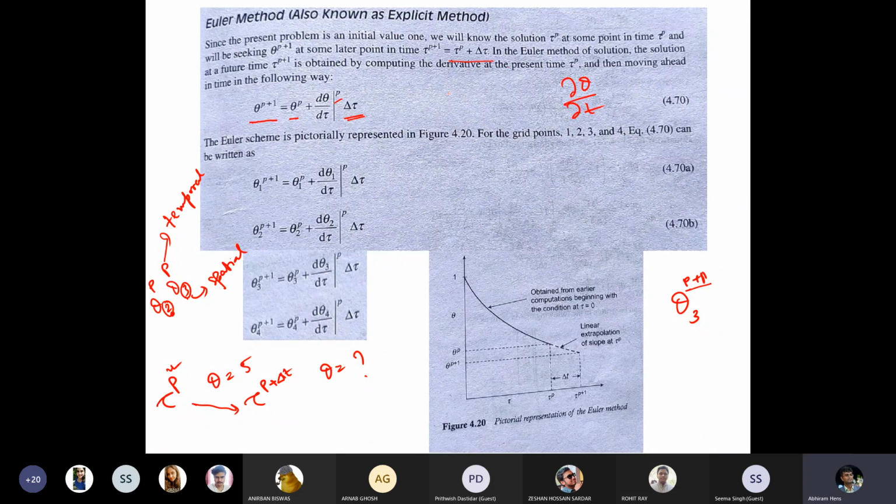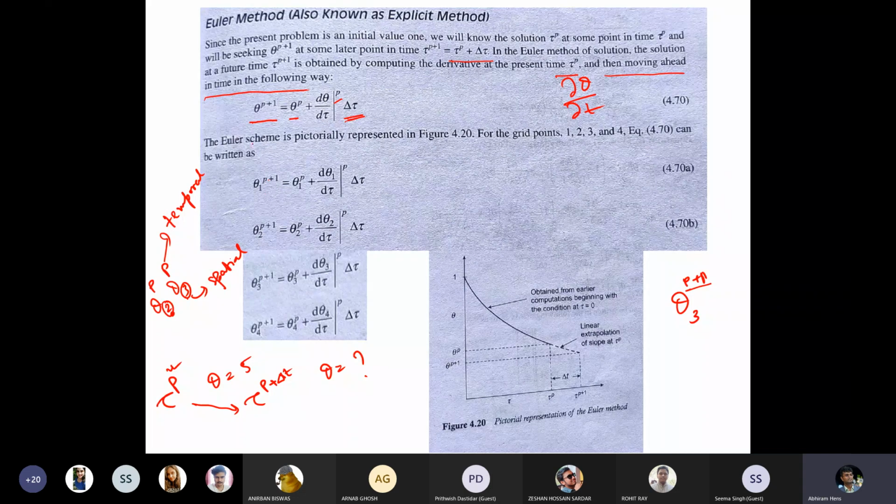That is why it is said that in the Euler method of solution, the solution at a future time tau p plus 1 is obtained by computing the derivative at present time tau p and then moving ahead in time in the following way: theta p plus 1 will be equal to theta p plus the gradient d theta d tau at p into delta t.